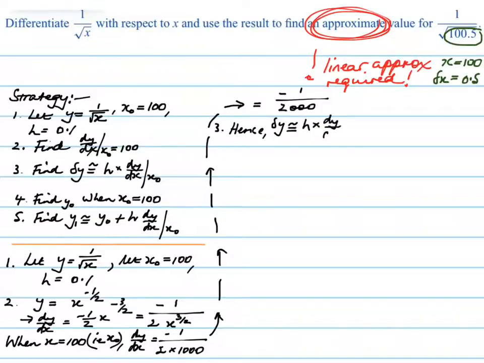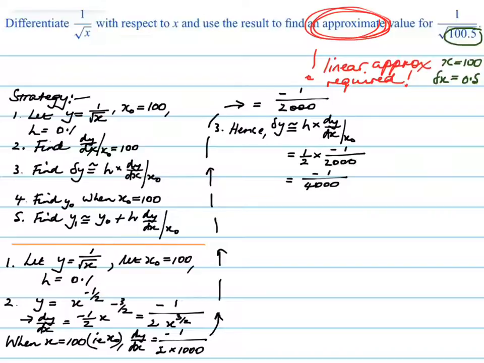Hence delta y is h times dy dx at x0, and let's just plug it in now. It's a half because, remember, we said that delta x or h was 0.5. Look at that little green bit up there on the top right corner where I worked out what x was and what delta x was. So I've just plugged that in as a half in that formula. So it looks like delta y is minus 1 over 4,000.